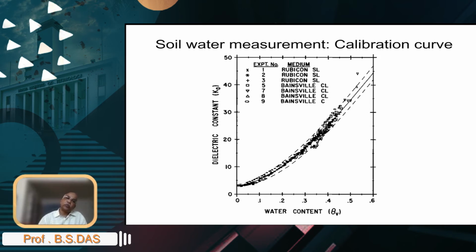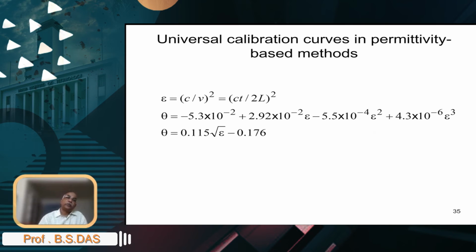And so these sort of measurements in the 70s led to development of soil moisture sensors based on the measurement of the dielectric constant, where you can have a simple, maybe polynomial form of this equation, or some kind of a power form of the equation, relationship between the volumetric water content and the dielectric constant.